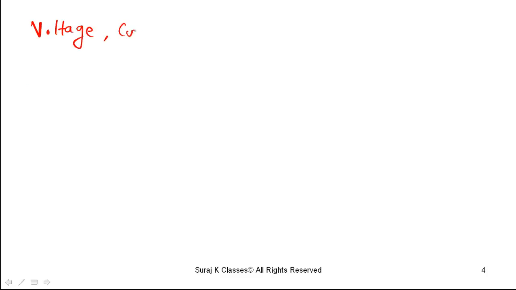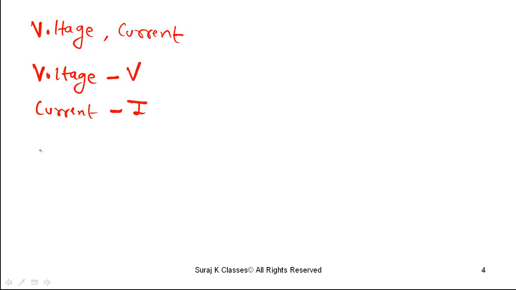Voltage stands for V, current stands for I. Now voltage is nothing but the potential difference between two terminals.